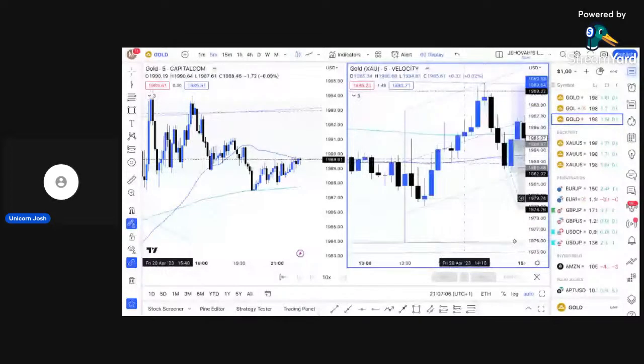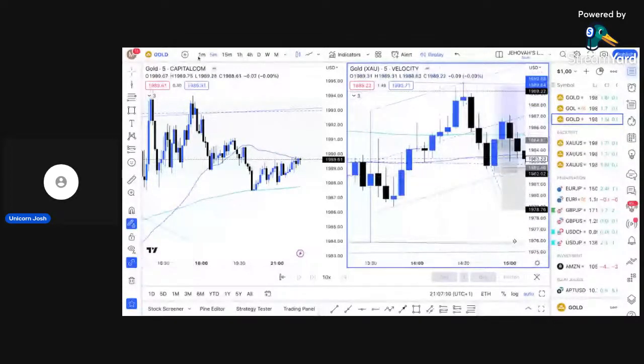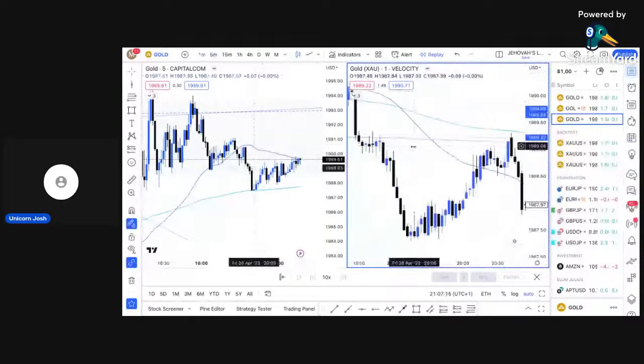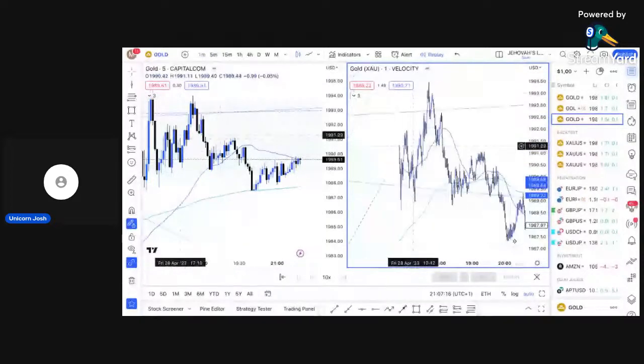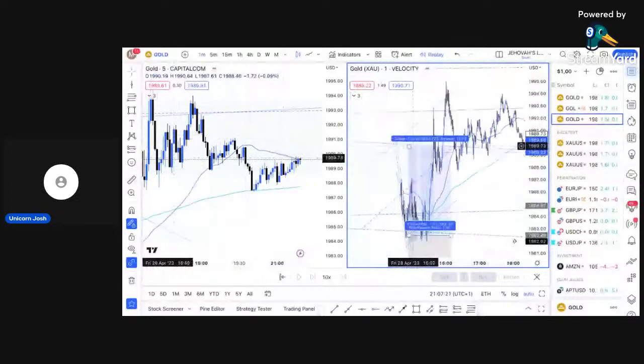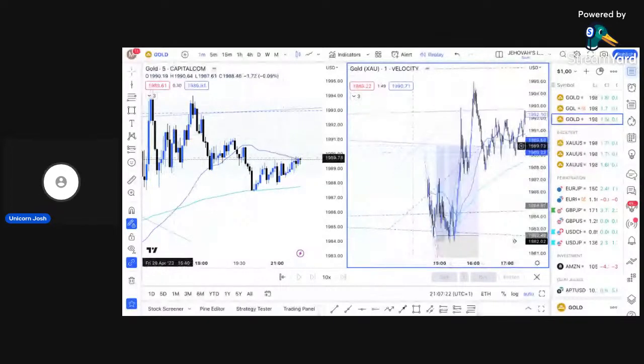Let's go to the 1 minute time frame, because it was a scalp trade that we got for us. There it is. So this was the trade.